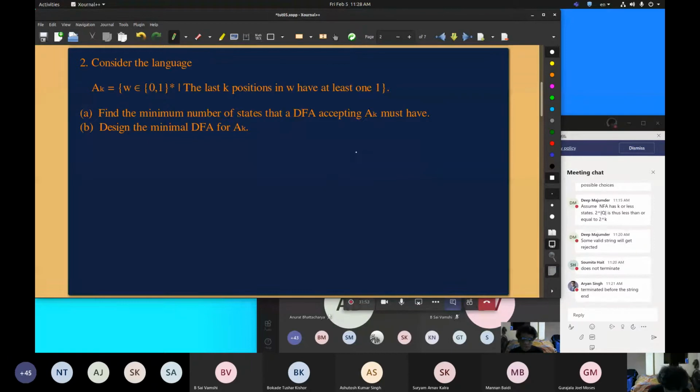So I can definitely remember the last k symbols read, and this will lead to a DFA with how many states? 2 power k.